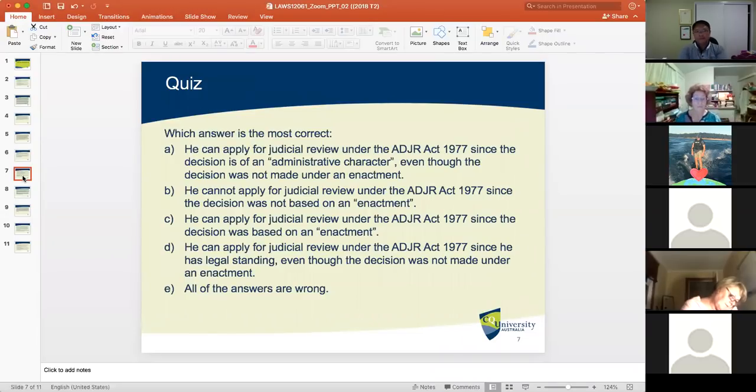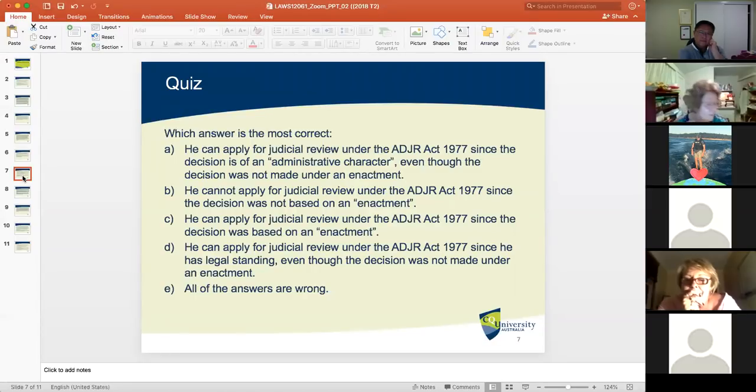A, he can apply for judicial review under the ADJR Act since the decision is of an administrative character, even though the decision was not made under an enactment. B, he cannot apply for judicial review under the ADJR Act since the decision was not based on an enactment.